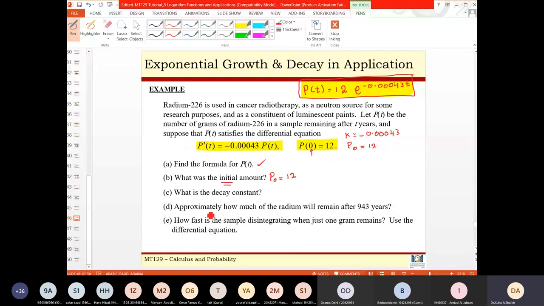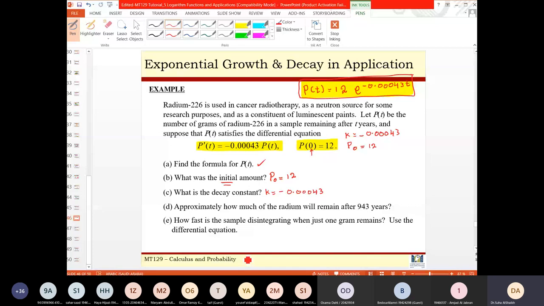The same thing. I'm talking about the k here. The k is equal to minus, excellent, 0.00043. Thank you Farah, thank you Tala, and thank you Aman, that was correct. Now in part D, of course A will be with C, as you can see, very easy to be solved.